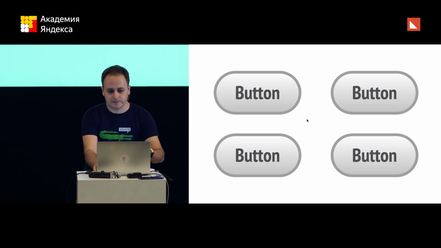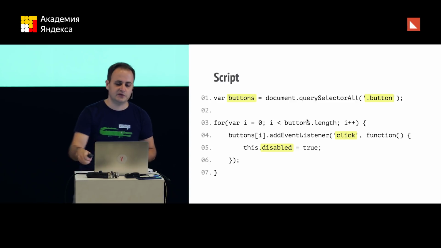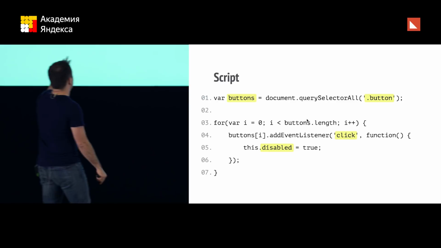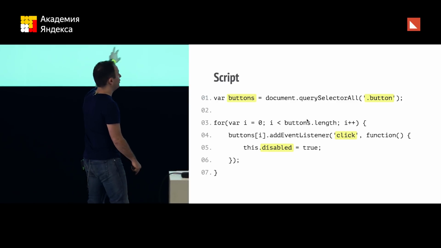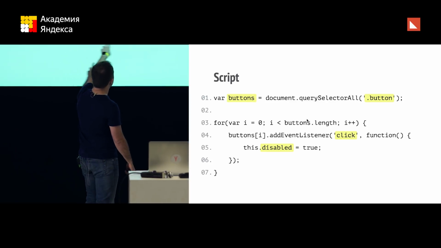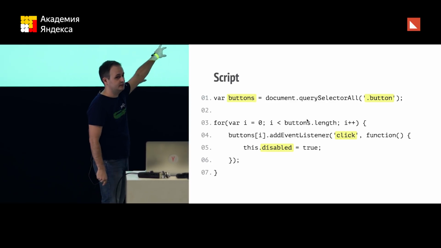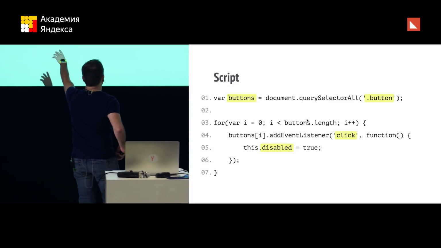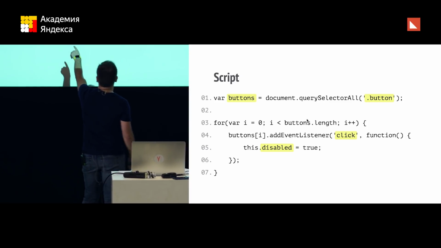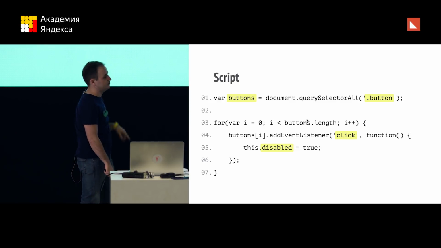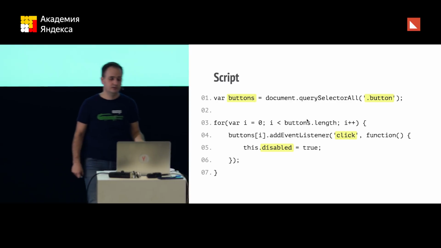I'm going to show you something. Let's add a bit of JavaScript here. So, a very complicated piece of code. I'm looking for all class button elements, and adding a simple click event listener to every button found. And once it's clicked, I will change the disabled attribute to true.